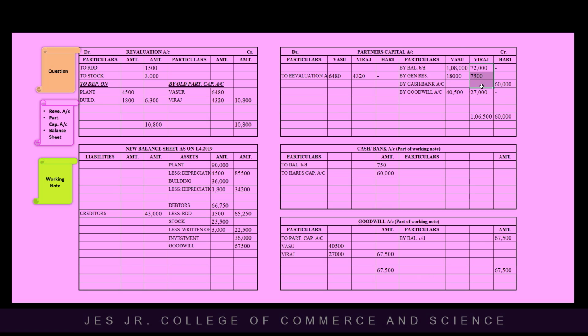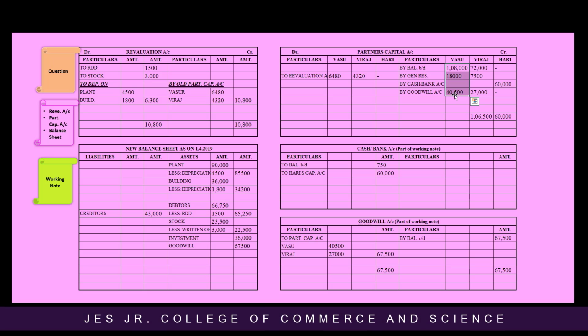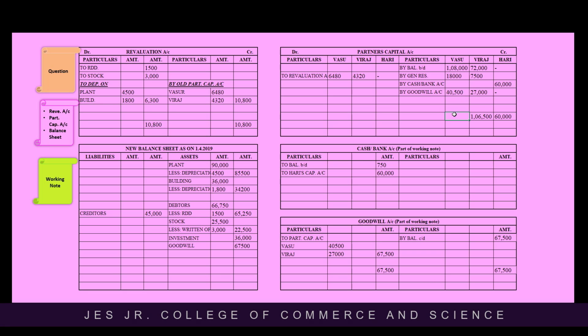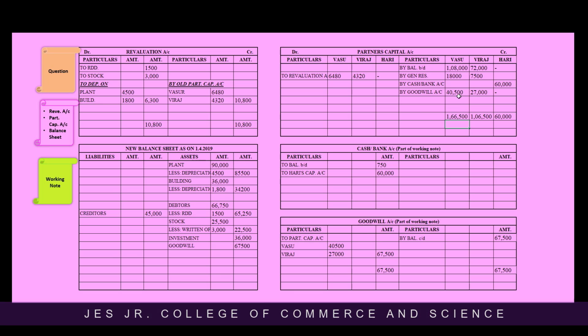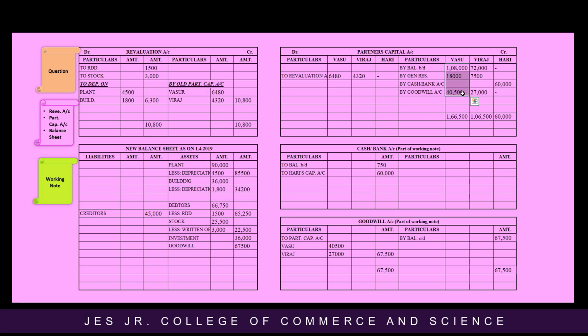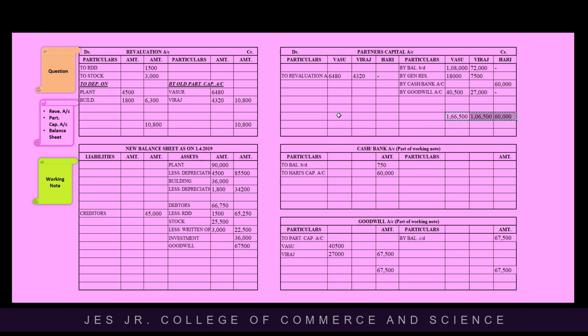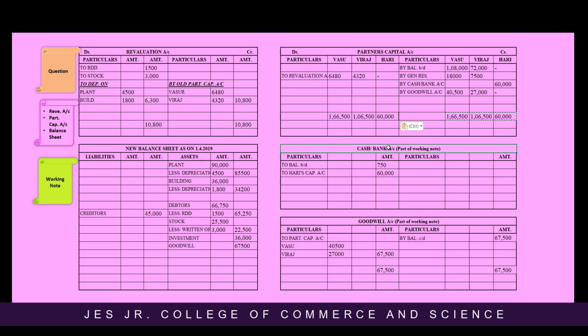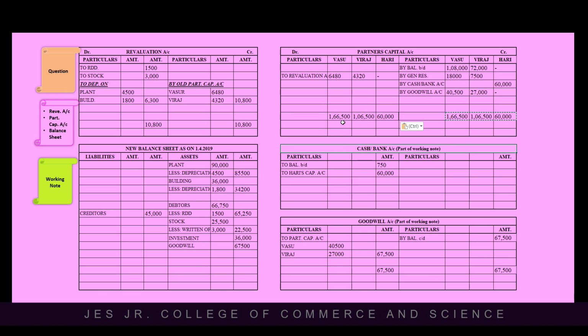I'll check it once again. Yes, 1,06,500 and this one is 1,66,500. I want the same total over here, right? आप नीचे नहीं लिखेंगे, ऊपर नहीं लिखेंगे, exactly same line में आप लिखेंगे.